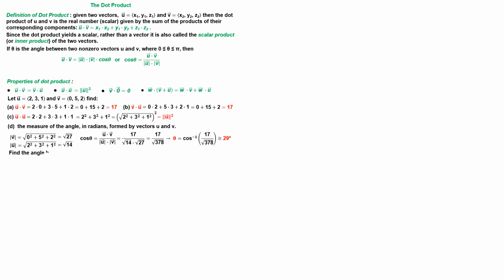Let's see another example. Find the angle between the vectors u and v. Let's start by calculating the dot product of vectors u and v. Then we'll find the magnitudes of both vectors.